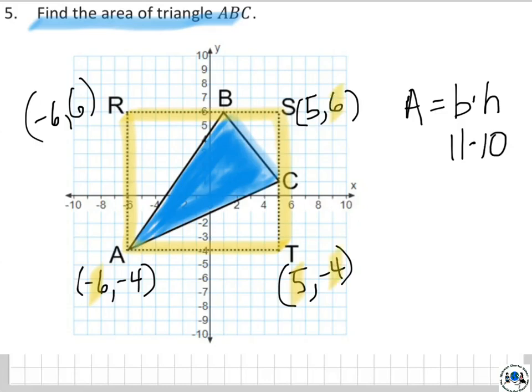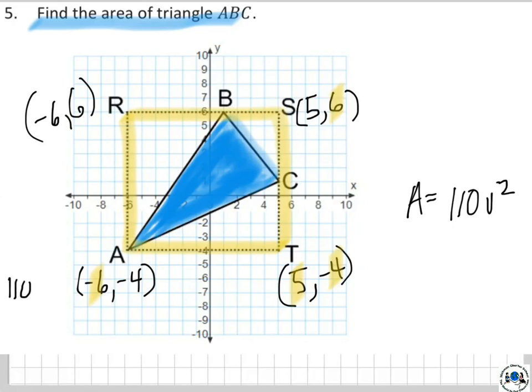And then I do the same with the height of this rectangle, using my y values: 6 minus negative 4, the absolute value of 10, which is 10. So I can just figure that out, and I know my area is 110 square units.